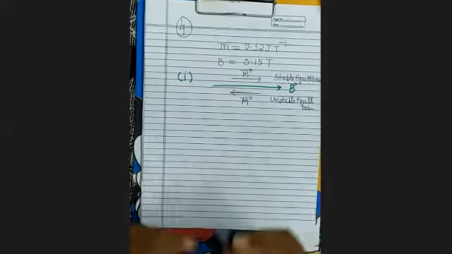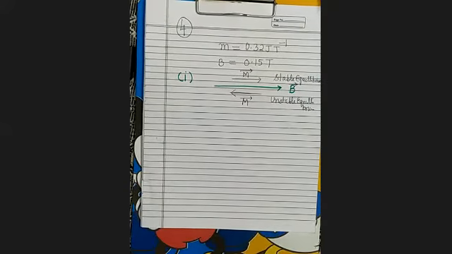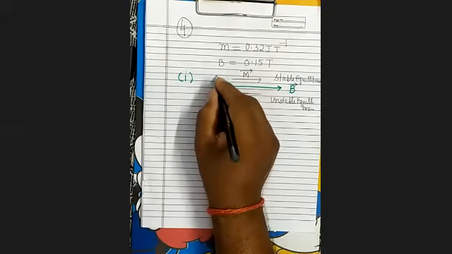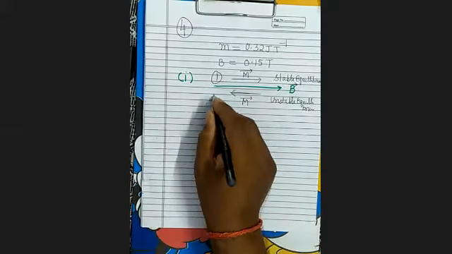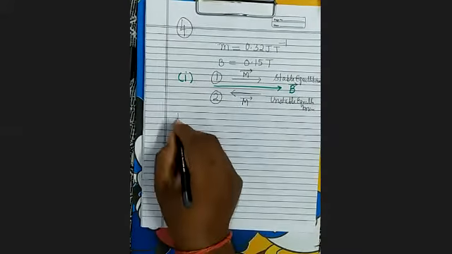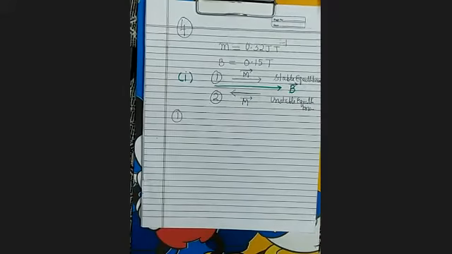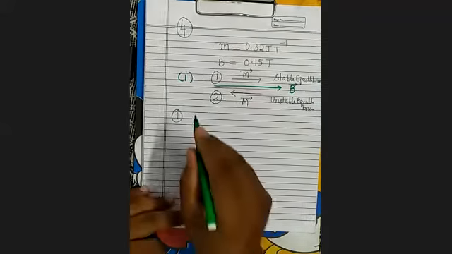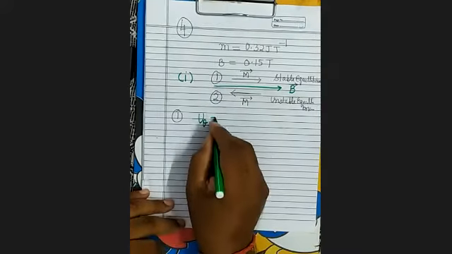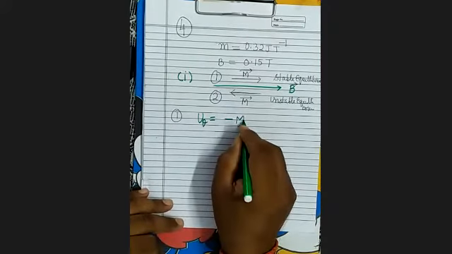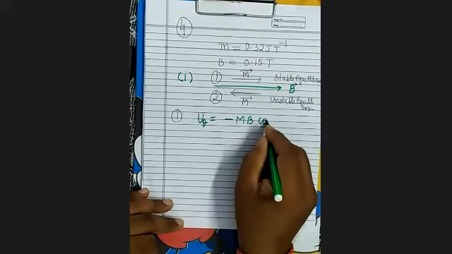Now, after this, you have to find the potential energy of the magnet in each case. This is the first case, the stable equilibrium. This is the second case, the unstable equilibrium. You can find the potential energy. So what will be the potential energy? Potential energy U(theta) equals minus mB cos theta.